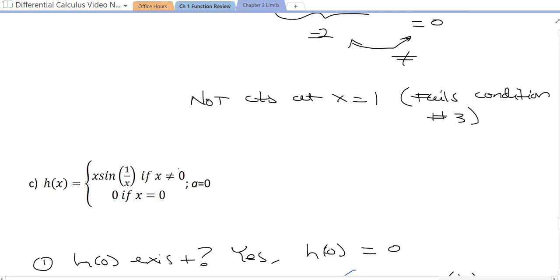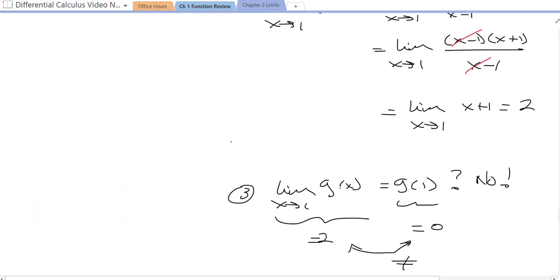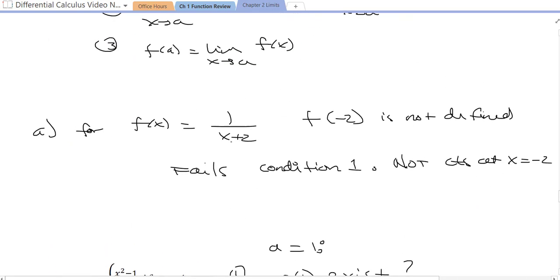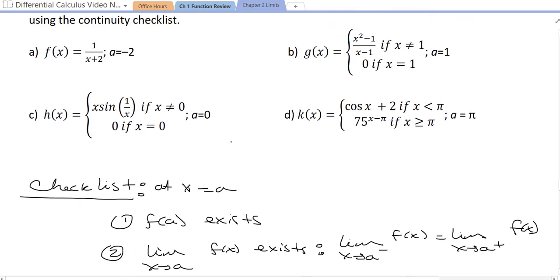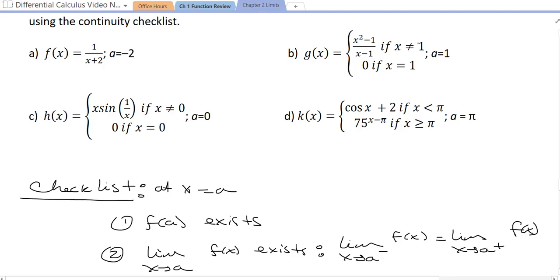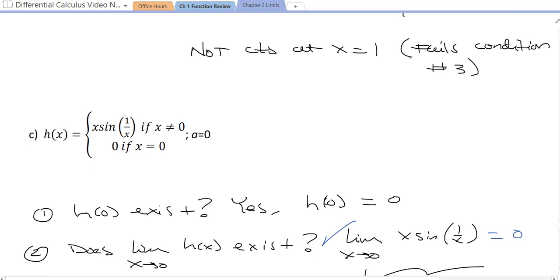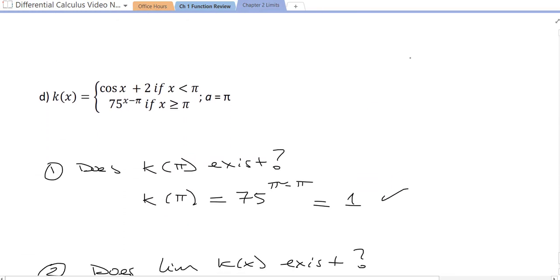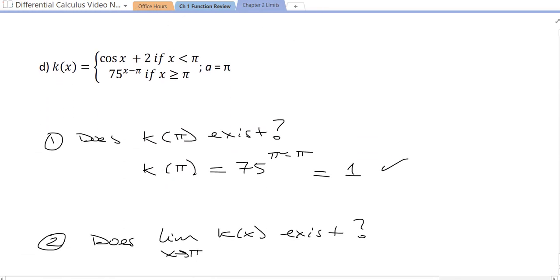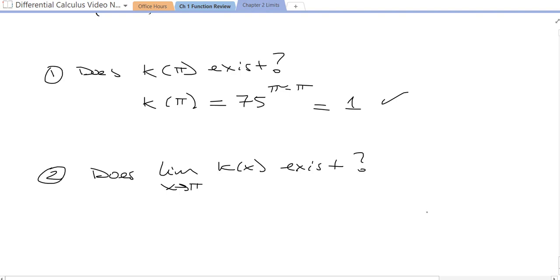So from the left and the right, they're approaching the same thing, and same for the other one. That was defined that way, not equal to 1, right? That means that from the left and the right, they're approaching the same thing. But for this one, from the left, we're following one function, and from the right, we're following a different function. So I do have to split them up into their one-sided limits.